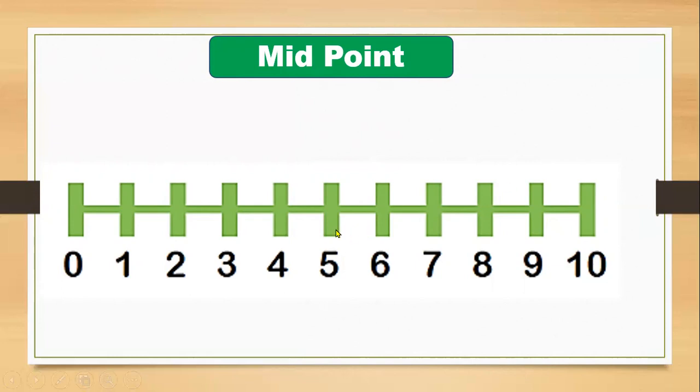As you can see, this is our midpoint, because when you count from here, 1, 2, 3, 4, 5, and from the other side, 1, 2, 3, 4, 5. So this is our midpoint number, the middle number. Let's go back.